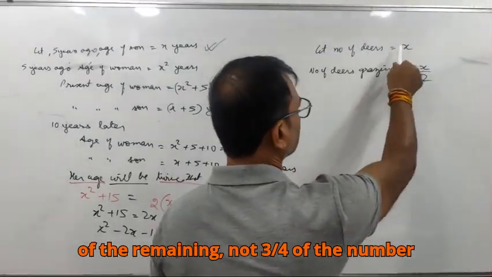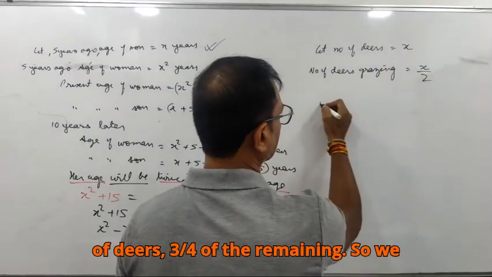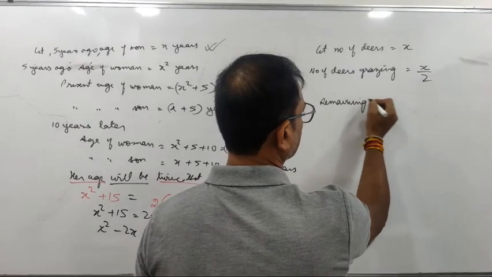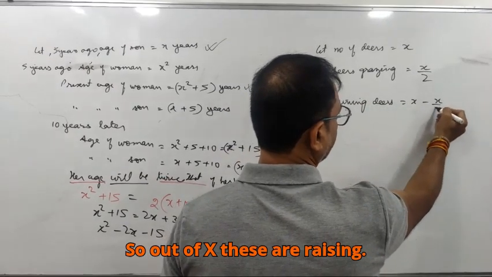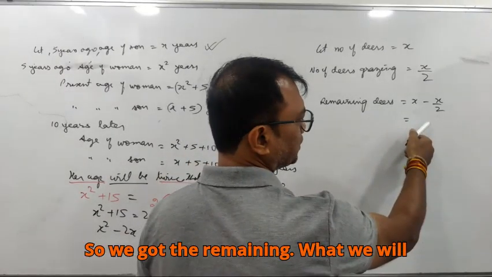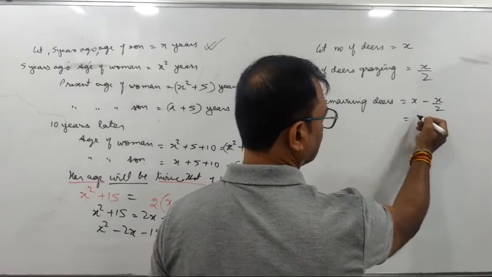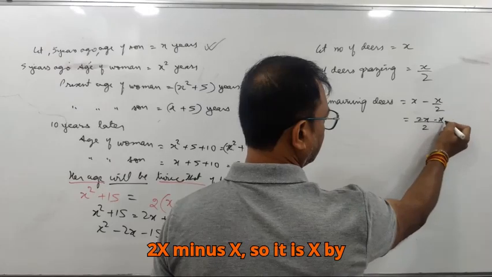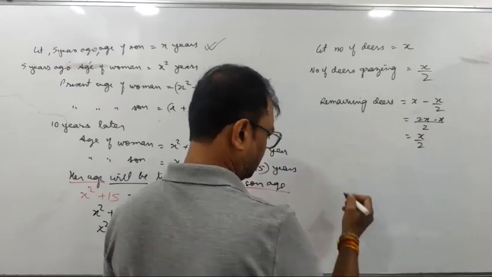Not 3/4 of the number of deers, 3/4 of the remaining. So we have to first find the remaining deers. So out of x, these are grazing, so we got the remaining. We will take the LCM: 2x minus x, so it is x by 2.